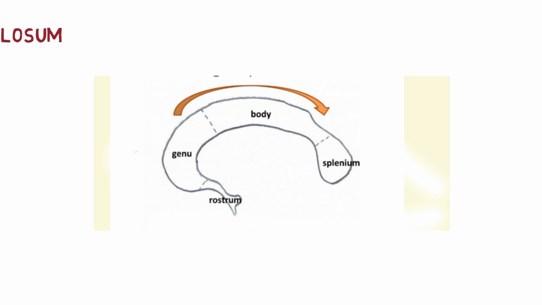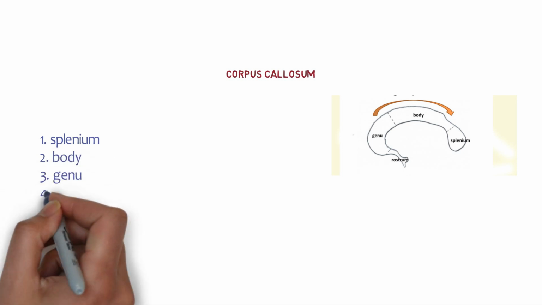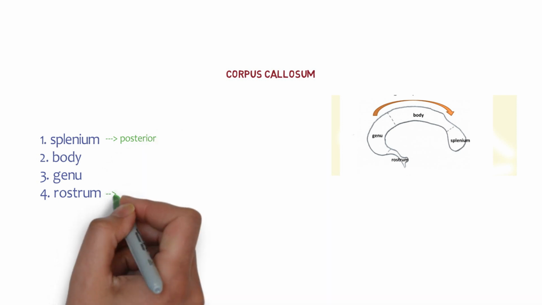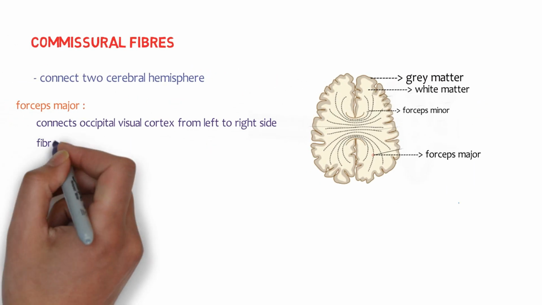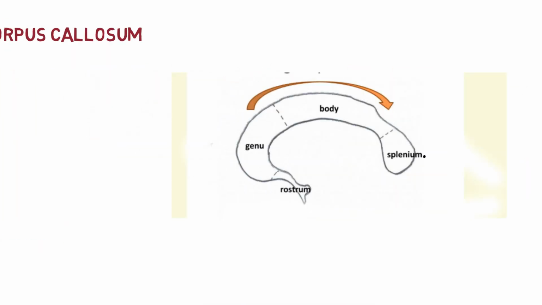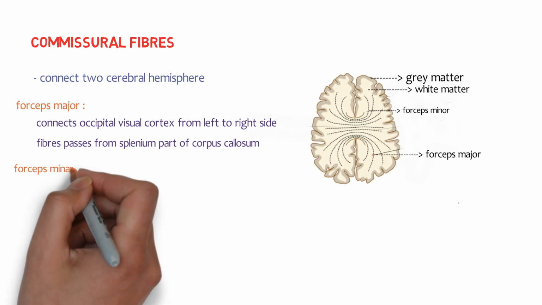So this is the simplified diagram in which there are four parts, that is splenium, body, genu and rostrum. Splenium is the posterior-most part of the corpus callosum, while rostrum is the anterior part. So I said the fibers of forceps major pass through the splenium part of the corpus callosum, right? And these are the forceps minor, on the anterior side of the cerebrum.